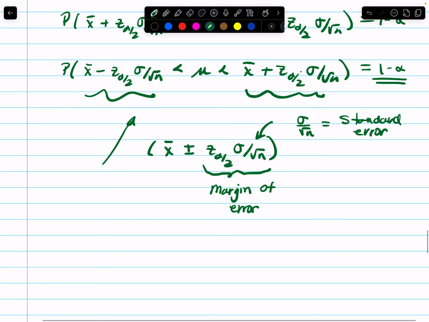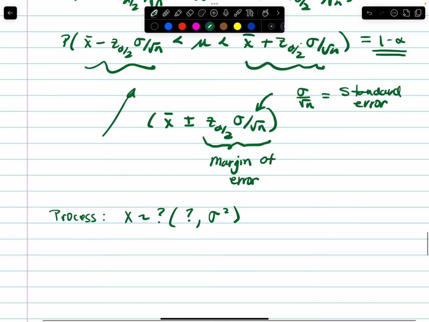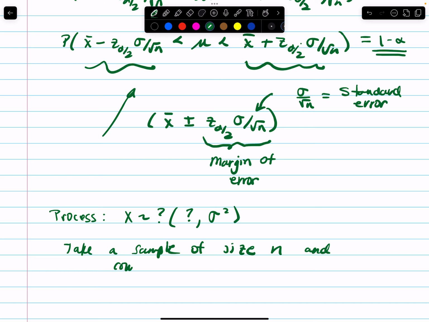So let's look at the process really quickly. We don't know the distribution of x, nor do we know the population mean, but we do know sigma. We take a sample of size n and calculate the sample mean.